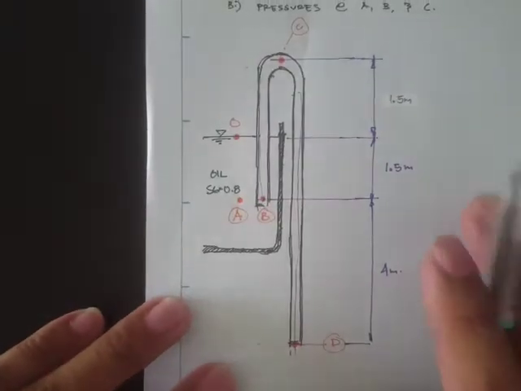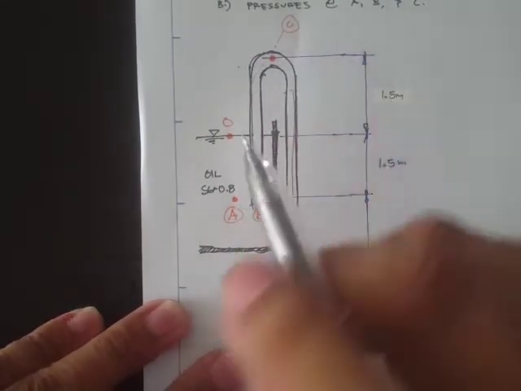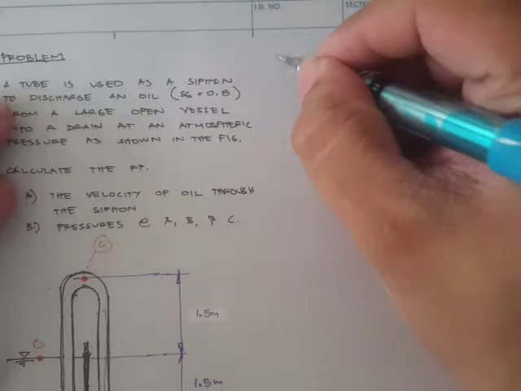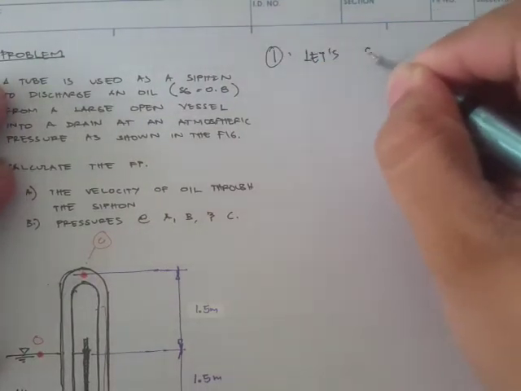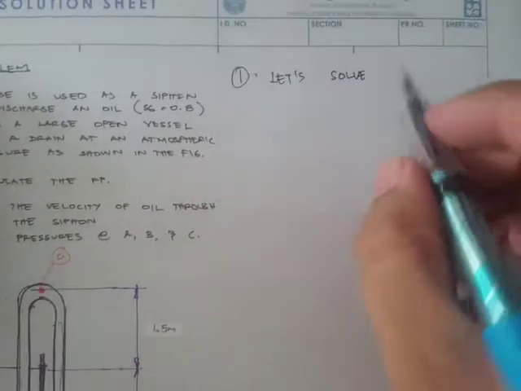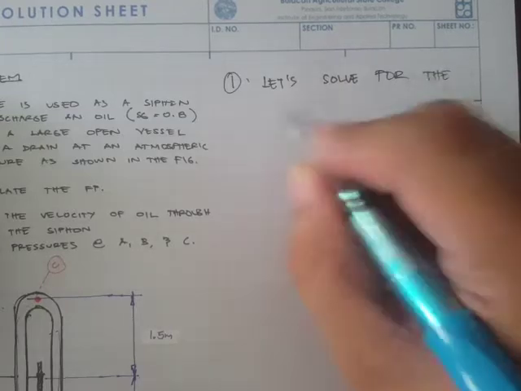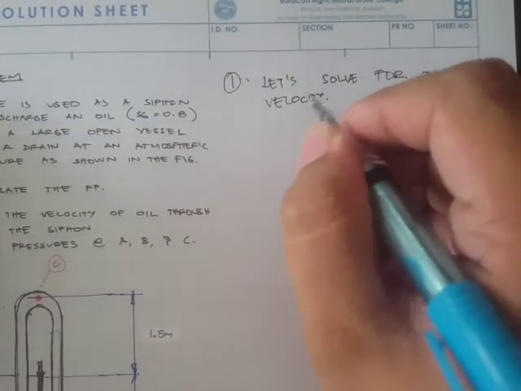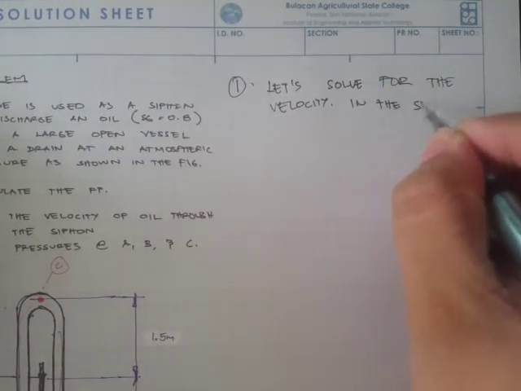But we are asked only to find the velocity and then the pressures at A, B, and C. So to start, let's solve for the velocity in the siphon.